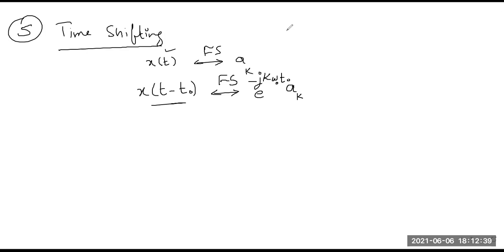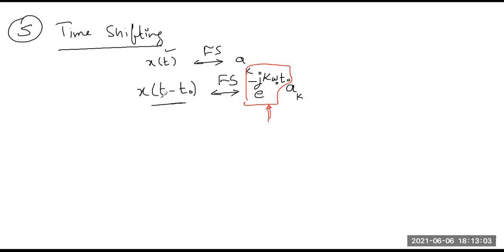So this factor is going to be multiplied with the Fourier series coefficient. So what is the effect of time shifting on the Fourier series coefficient? The Fourier series coefficient gets multiplied with this particular exponential factor e power minus j k omega naught t naught.